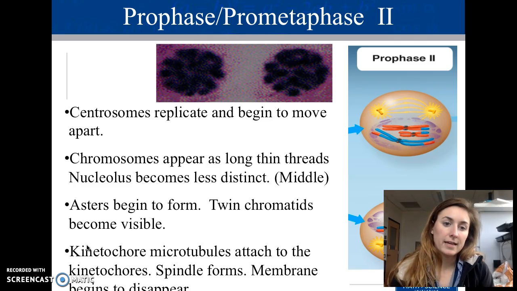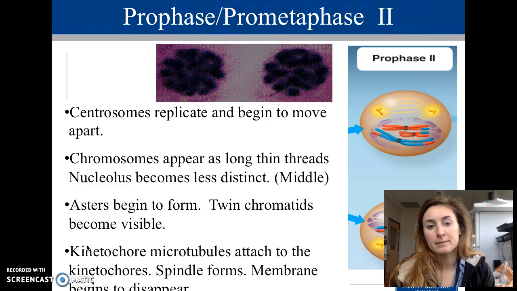Prophase 2. Again, centrosomes move, and the chromosomes will start to compact again, move to where they're supposed to be, and the spindles will start to form as well.